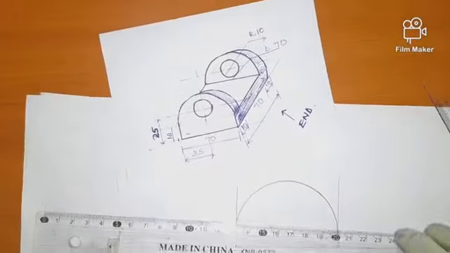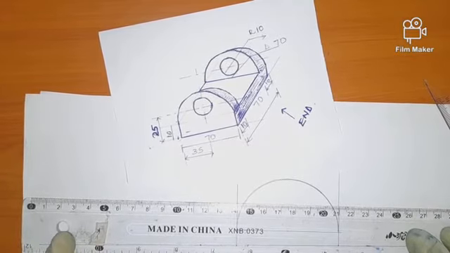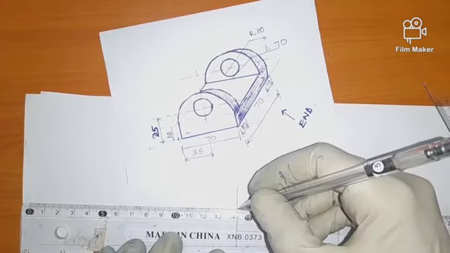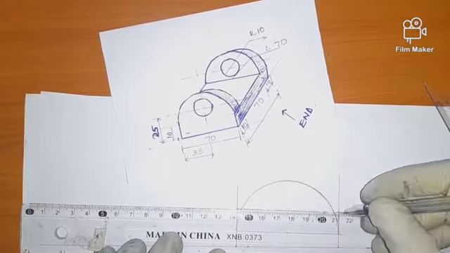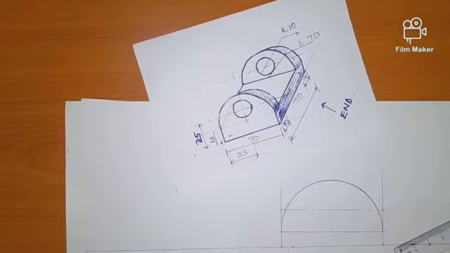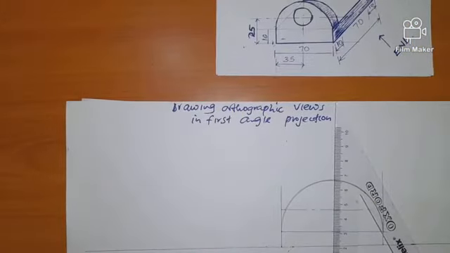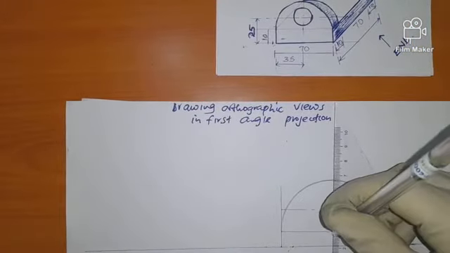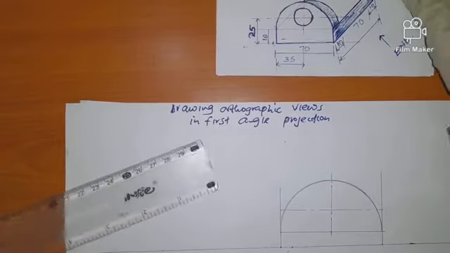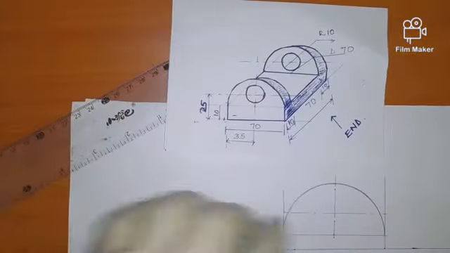We just use your T-square again. We bring that line from that point where we have 25 inwards at that 35. At that 35 again, we can have our vertical line. This is actually giving us the center line for the circle. The circle itself is 10 millimeter radius, so we measure 10 millimeter.